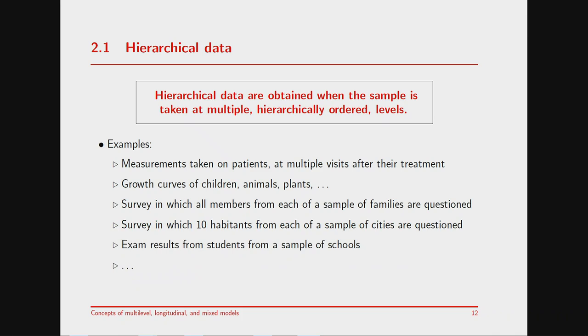But you first need to think about what research question you want to address. Some research questions can only be addressed with longitudinal data. If you want to study how people change over time, then you need to take longitudinal measurements. And then the price to pay is that your analysis will be more complex than if you just have cross-sectional data.